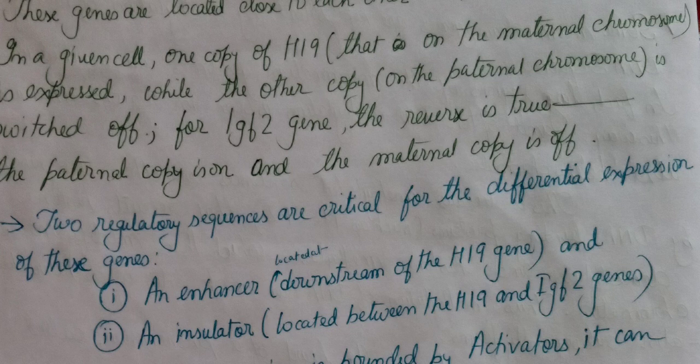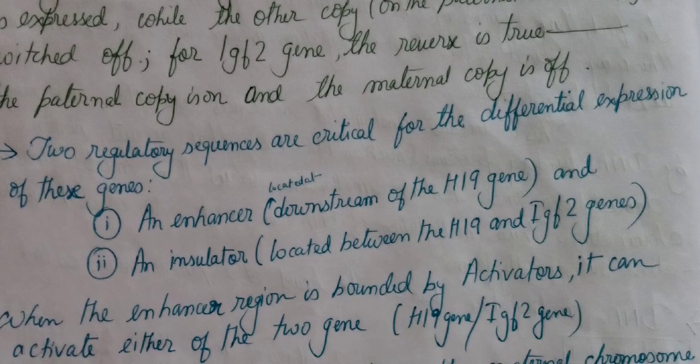Here the enhancer and insulator come in. Two regulatory sequences are critical for differential expression of these genes: one is the enhancer, located downstream of the H19 gene, and the other is the insulator, located between the H19 and IGF2 genes.